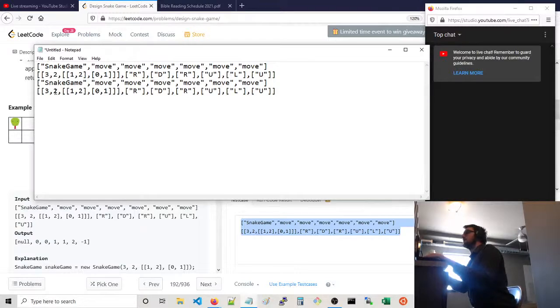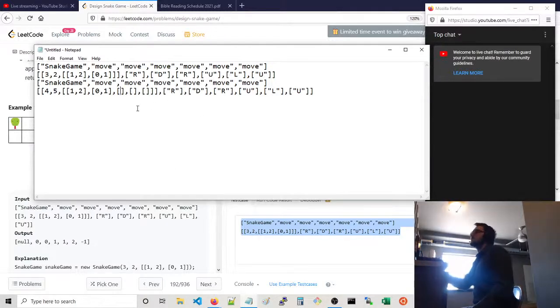Something like that. Let's do like 4 by 4 or 4 by 5, and let's put a whole bunch of pieces of food in there. I think the tests are going to be kind of awkward.